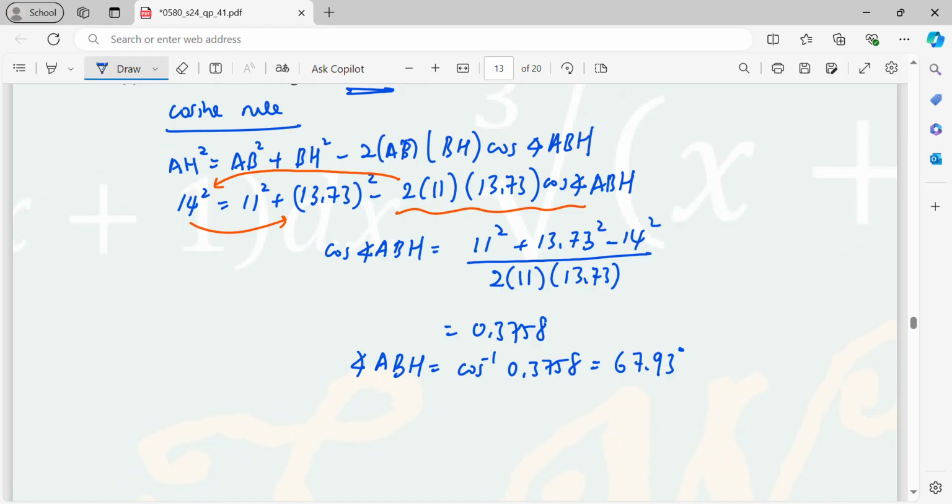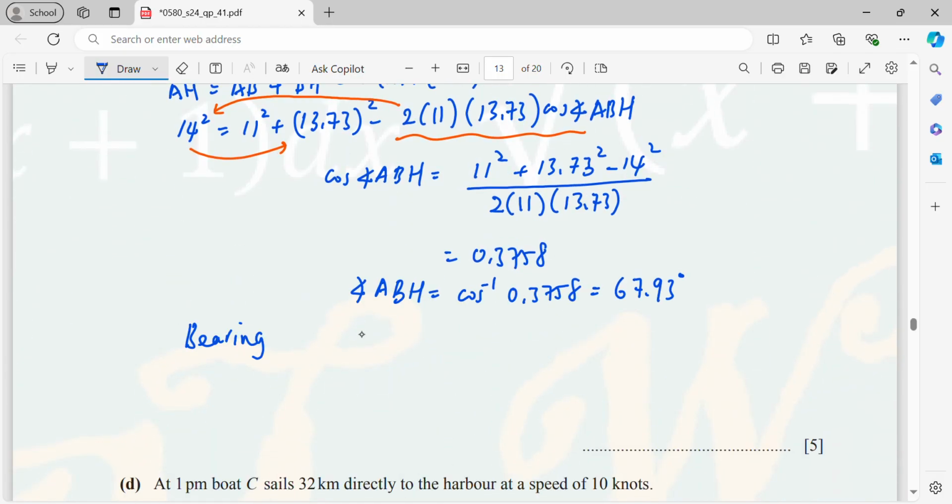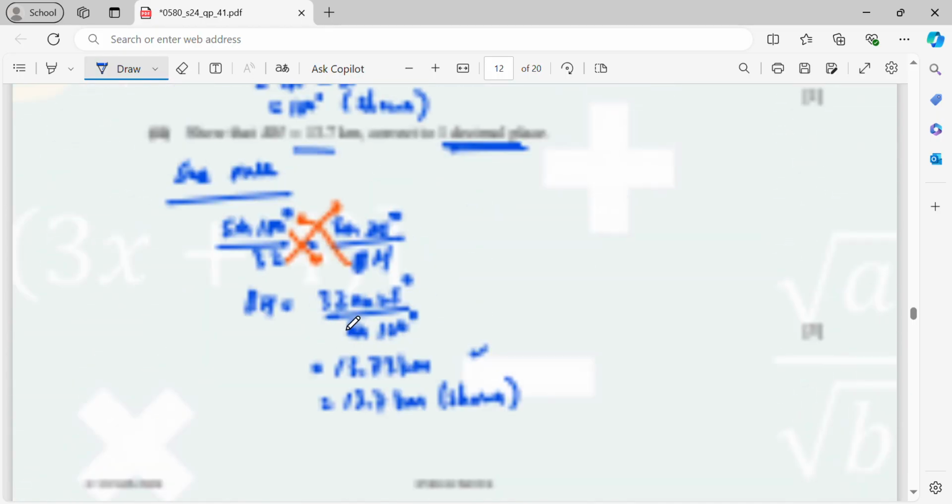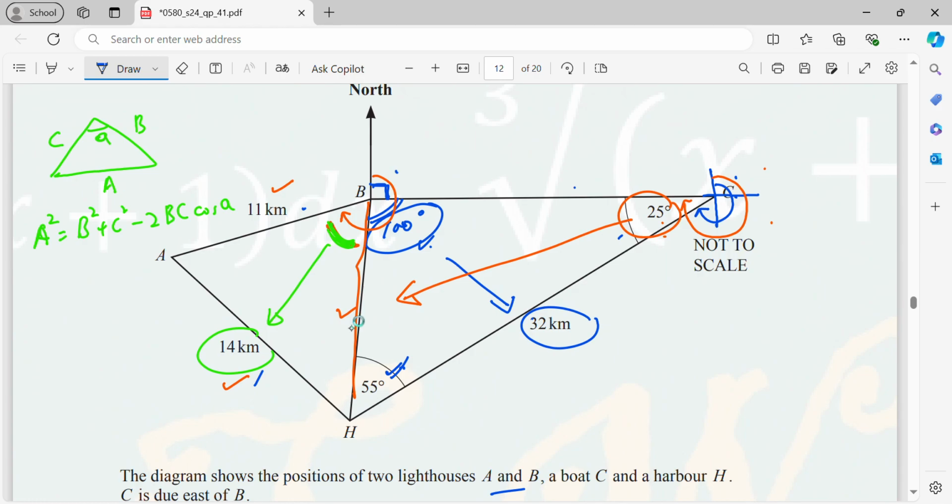And now our bearing of A from B. So now look at the diagram. We have found the angle here, the green color. Green color is 67.93. Okay, we know that this is 90 degrees, here is 100. So you just add these three angles and you will be getting the bearing.